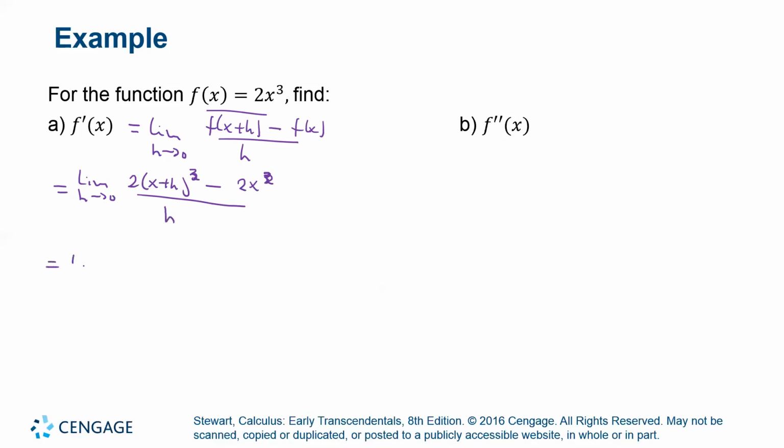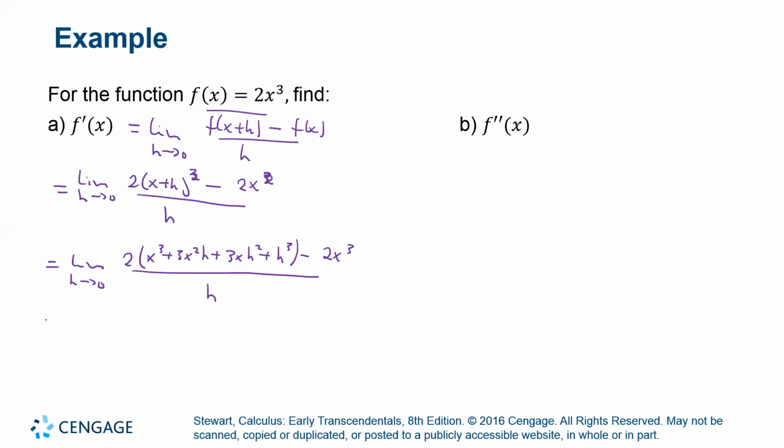So then this is equal to the limit as h goes to 0 of 2 times (x plus h) cubed minus 2x cubed, all divided by h. So then this is equal to the limit as h goes to 0, and 2 out, we have x cubed plus 3x squared h plus 3x h squared plus h cubed, minus 2x cubed, all divided by h.